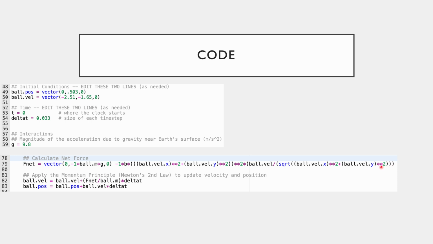These are directly the formulas that were shown before, except expanded to use the values we had in tracker, so we don't have to do any extra calculating on the side. I've condensed it all into one FNet formula rather than breaking it up and adding it together. Then we also have our velocity update and position update so that we can track it in Tracker and get points for graphing to compare the models.